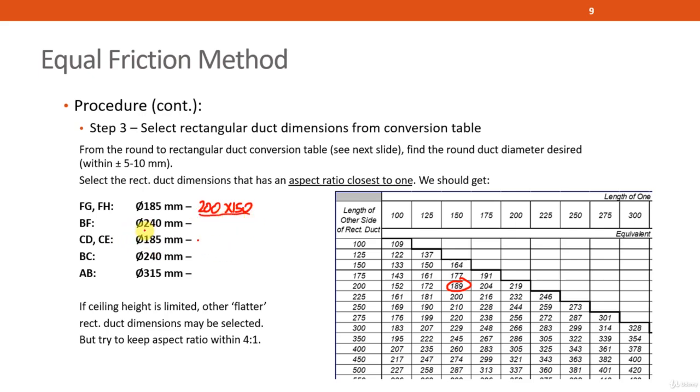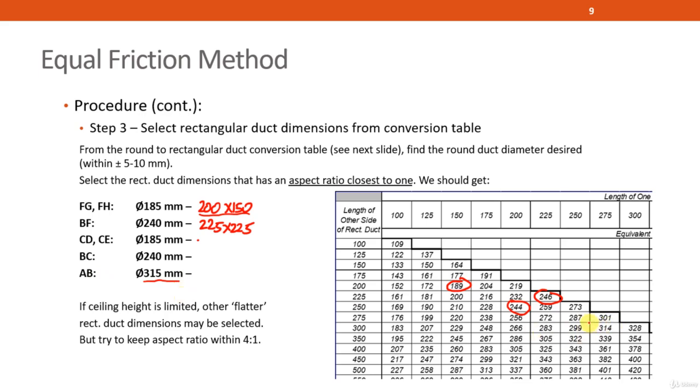Let's look at 240 mm. So for 240 mm over here, there is a 244 or 246. So either one of these will do. So maybe let's choose the better one, which is the square duct. It will be 225 times 225. And finally, AB is 315 mm.